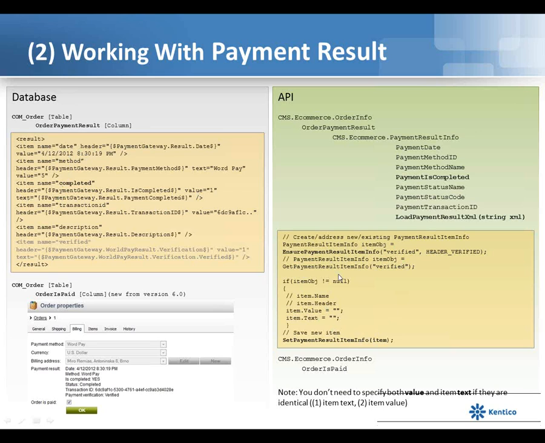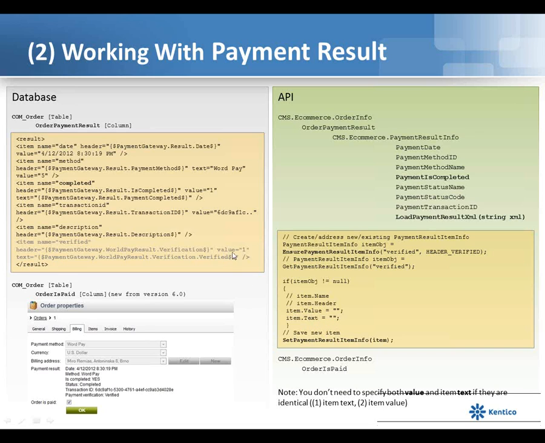So whenever I would like to add a new item within my payment result, I would just use PaymentResultItemInfo. And there is one method called EnsurePaymentResultItemInfo, where upon providing the method with my name and header, it will automatically create this item for me, and then I can just update those values. Usually the text should contain some text representation of the value.